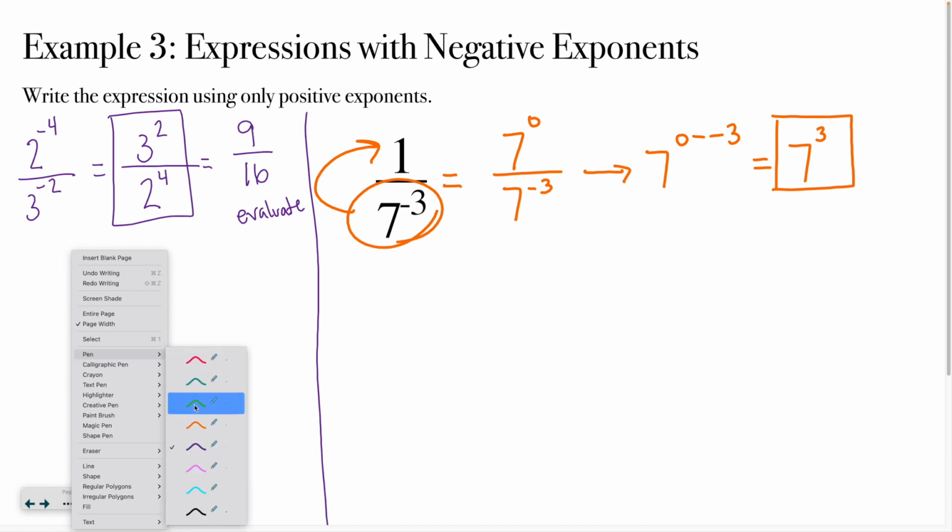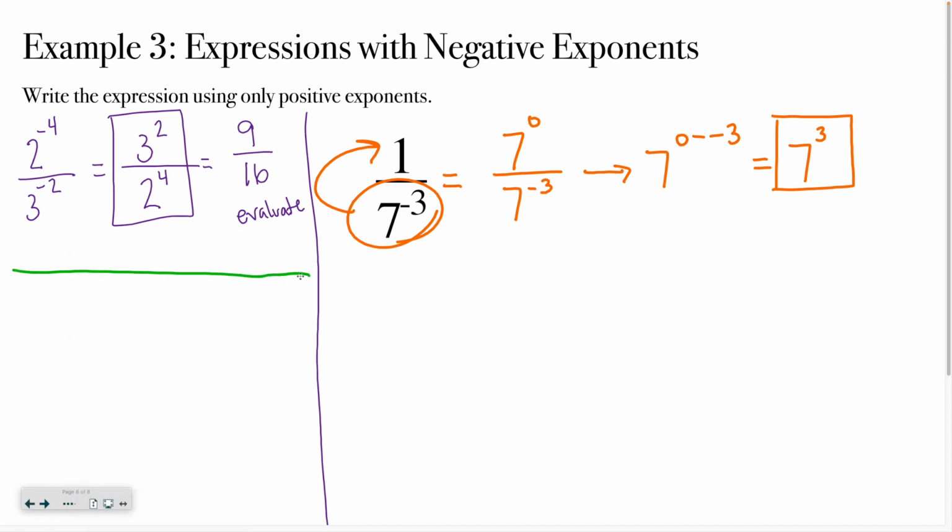All right, now let's try just one more. I'm going to make it look really similar, but ever so slightly different. I want you to simplify this expression. You can see I no longer have numbers for my bases. They're now letters, my variables. The same rules apply. So I have the variable x raised to the negative fourth power.